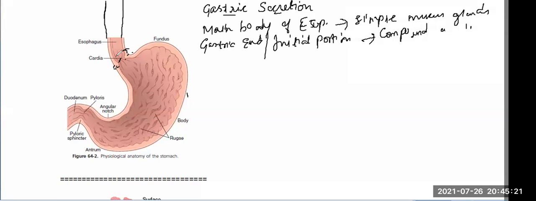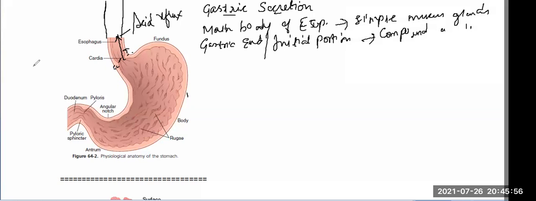the acid contents will reflux or move back into your esophagus. We call this disease acid reflux, or gastroesophageal reflux disease. So the secretions of compound mucous glands will protect your esophageal wall from acidic gastric juices due to acid reflux.